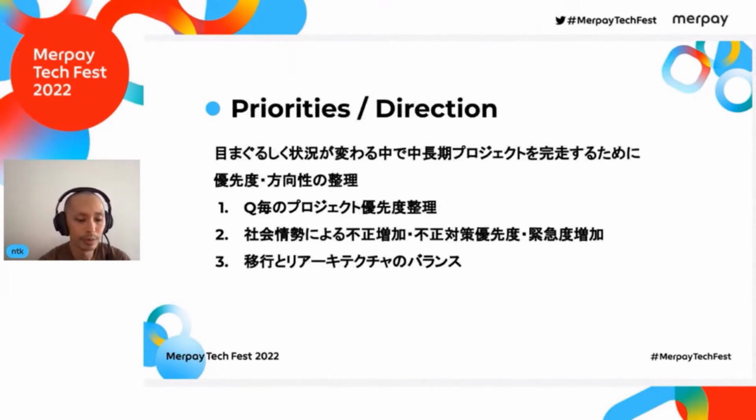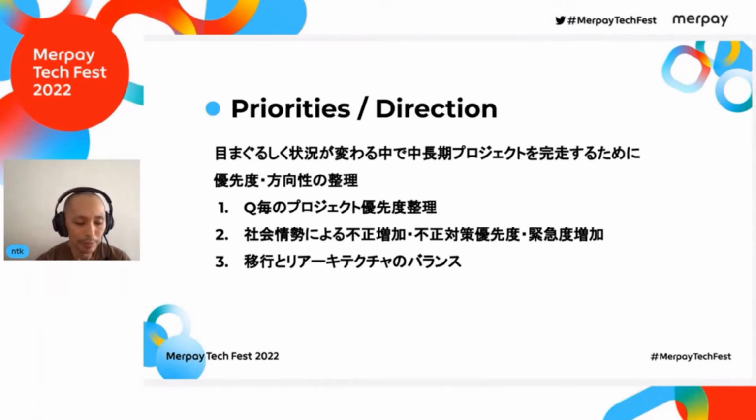Okay, the first, priorities and directions. Each migration project is a project that takes about a year. In the midst of rapidly changing circumstances, both inside and outside of the company, in order to constantly run projects that take a reasonable amount of time to complete, it was necessary to constantly maintain priorities and directions.